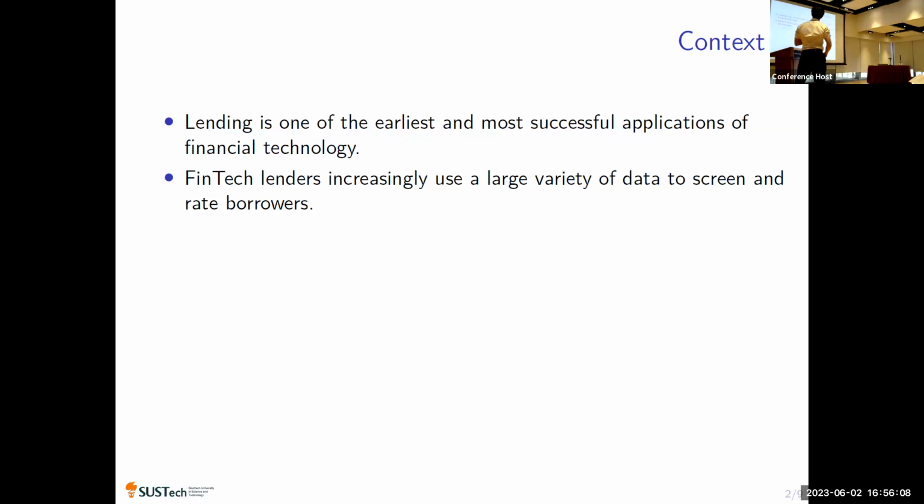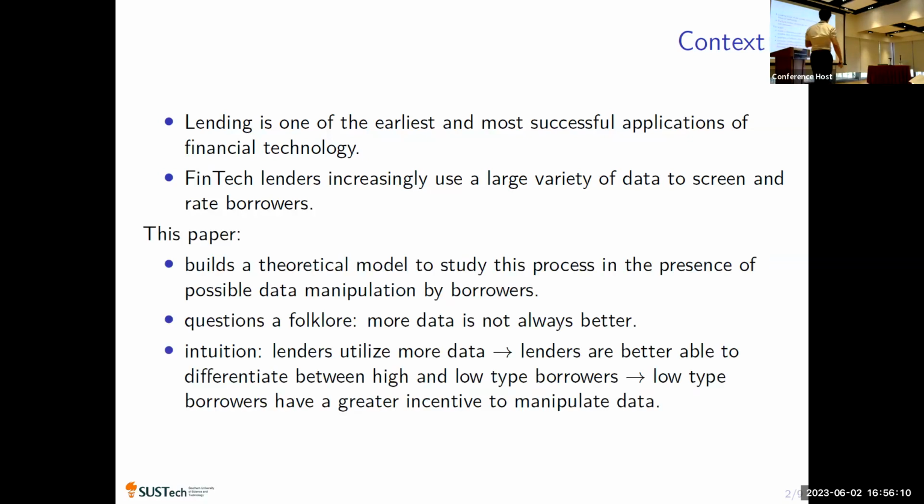And here this paper provides a theoretical contribution that studies how much data a fintech lender should acquire to price loans. And it studies this in the presence of possible data manipulation.